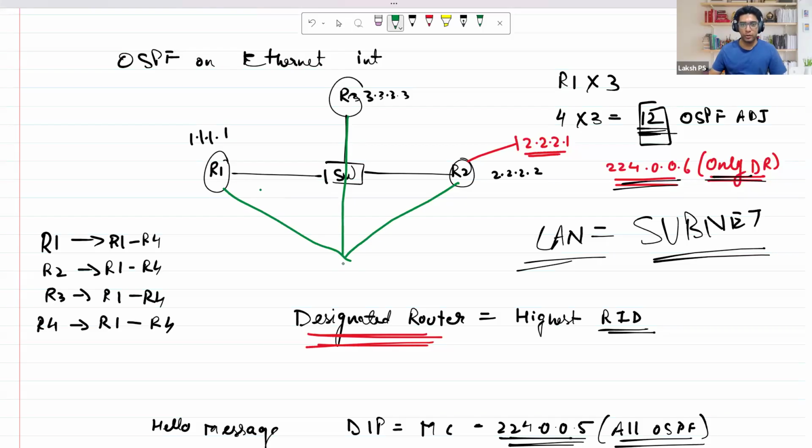If R4 is no more, any update that is sent by R2 or any other non-DR router will again cause flooding, because 224.0.0.6, the multicast address heard only by the DR, is no more. So this update sent by R2 will not be updated on R1 or R3.